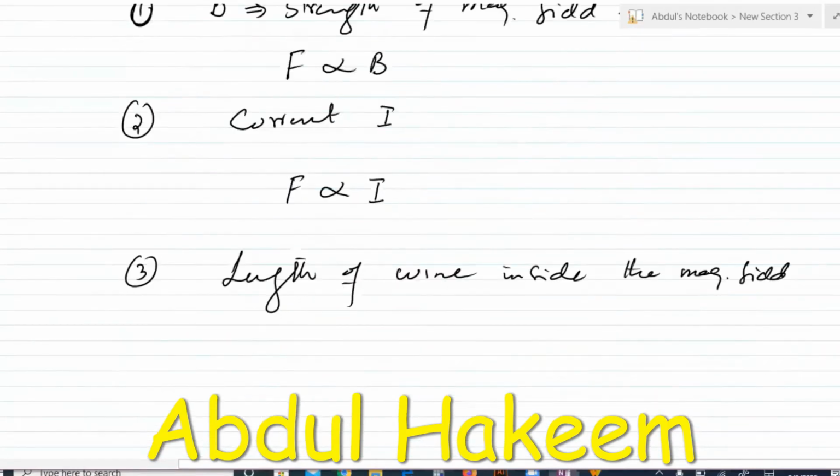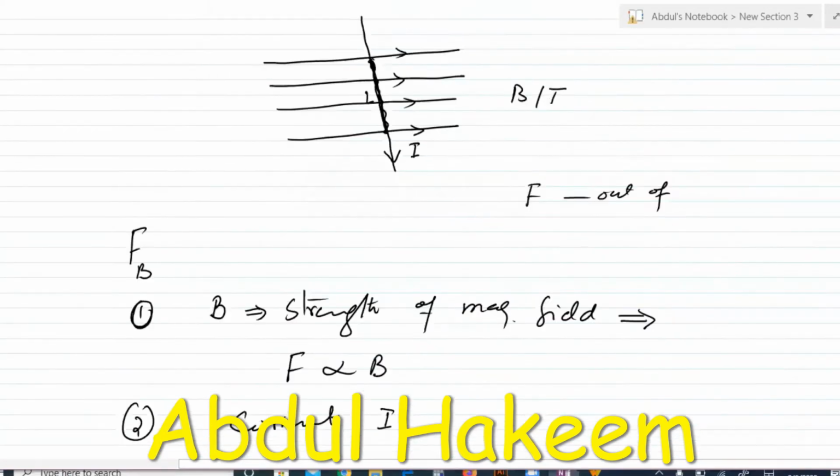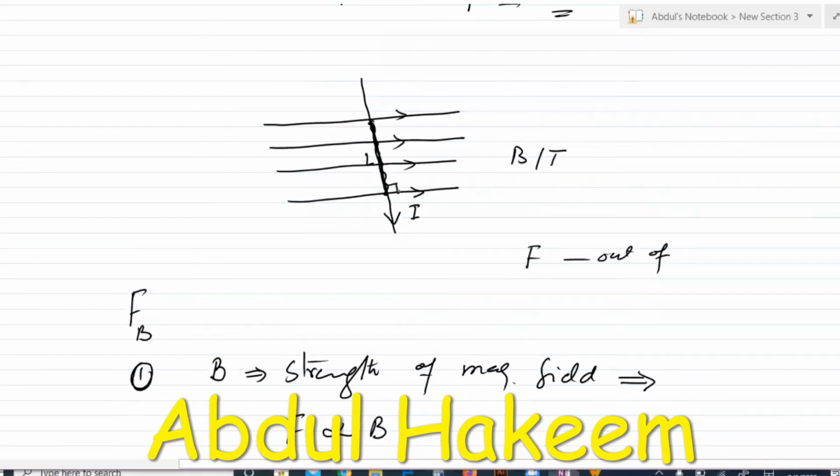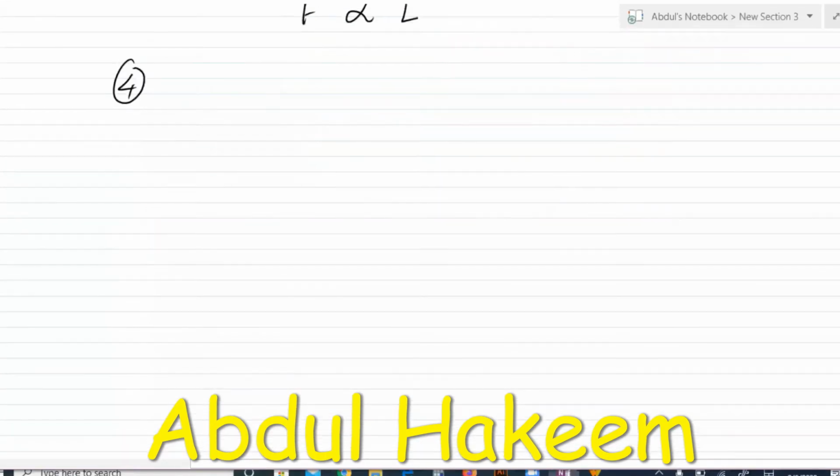So F is directly proportional to L. And number four, it also depends on the angle between the current and the magnetic field. And in O-level we have done, if the angle is 90 degrees, then the force is maximum. If the angle is 0, then the force is 0.